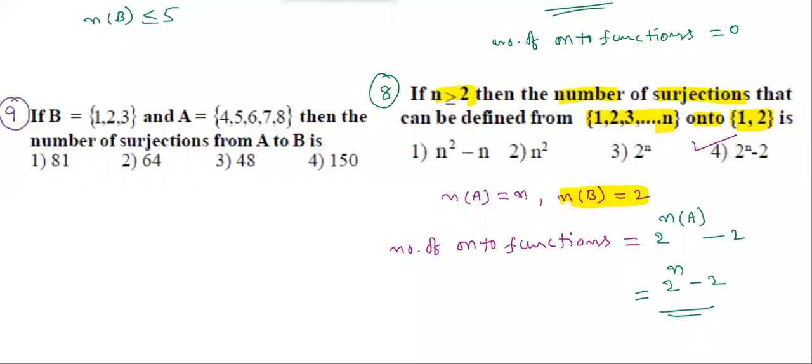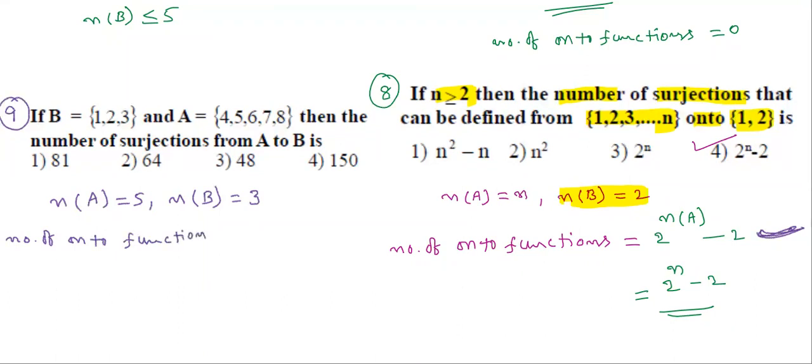This is the ninth question. n(A), how many elements are there? 4, 5, 6, 7, 8. That is 5. n(B) has only 3 elements. The previous formula is for n(B) having exactly 2 elements; here it is more than 2, so we use the general formula. The number of onto functions from A to B is, what is the formula, students?